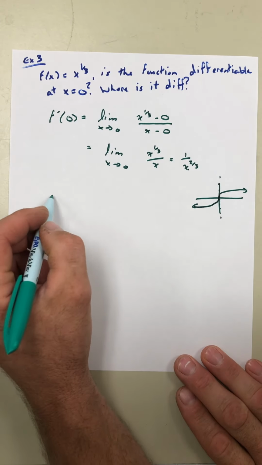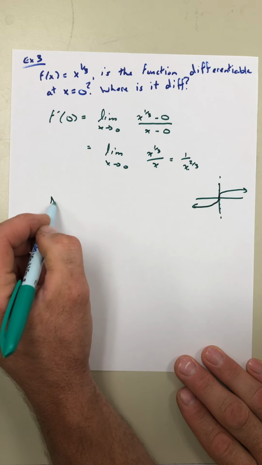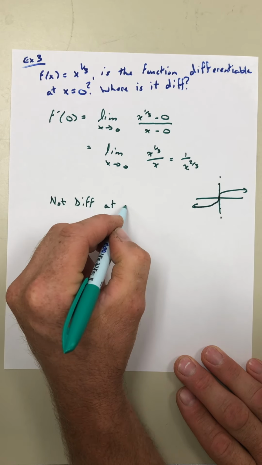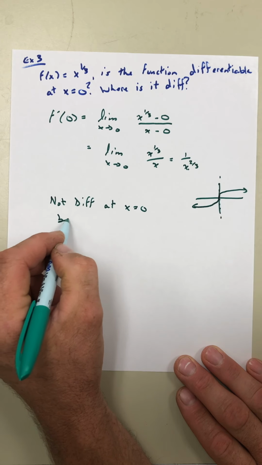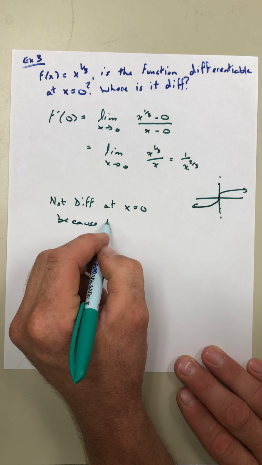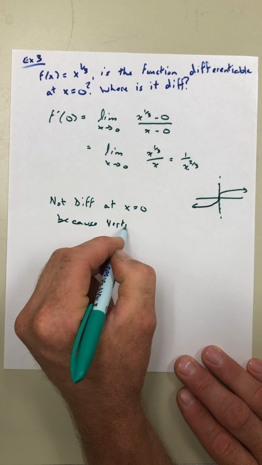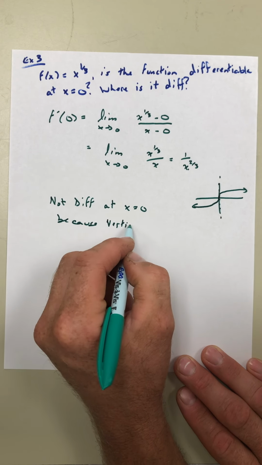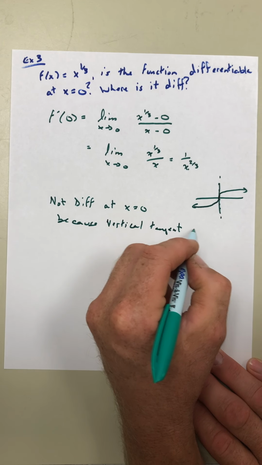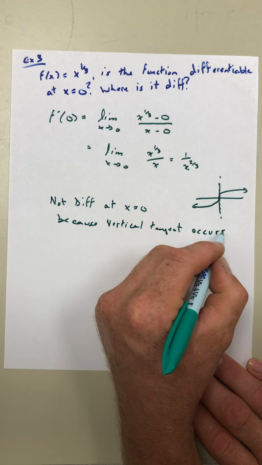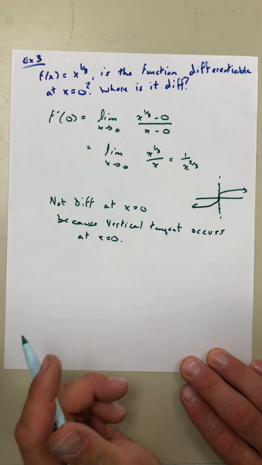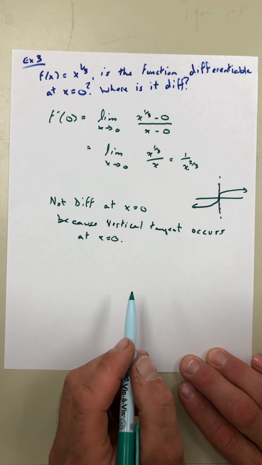So we say that this is not differentiable at x equals 0 because there's a vertical tangent line. Vertical tangent line occurs at x equals 0.